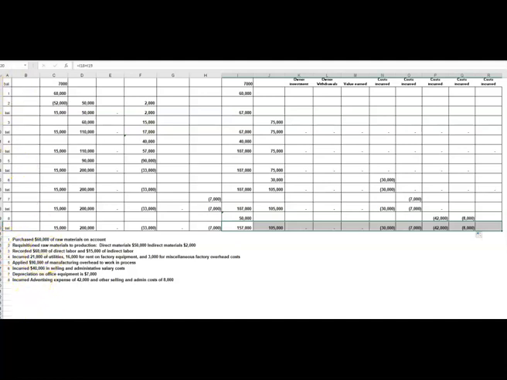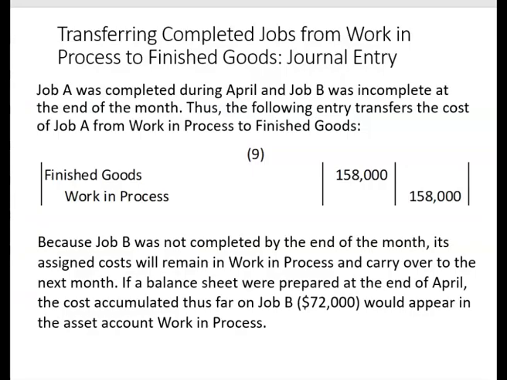All right. Next, we're going to account for finishing a job. So job A was completed during April and job B was incomplete at the end of the month. So we need to transfer the cost of job A out of in process and into finished goods since we've completed it. So we're going to move it out of work in process and into finished goods.